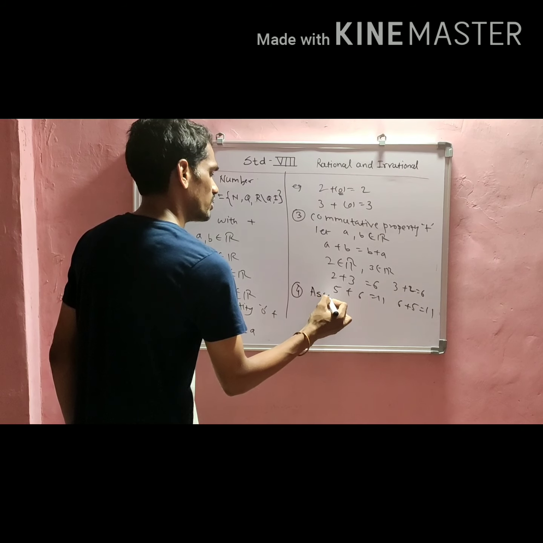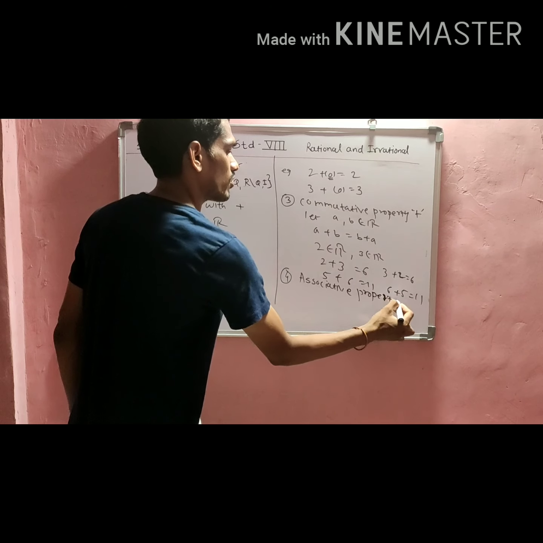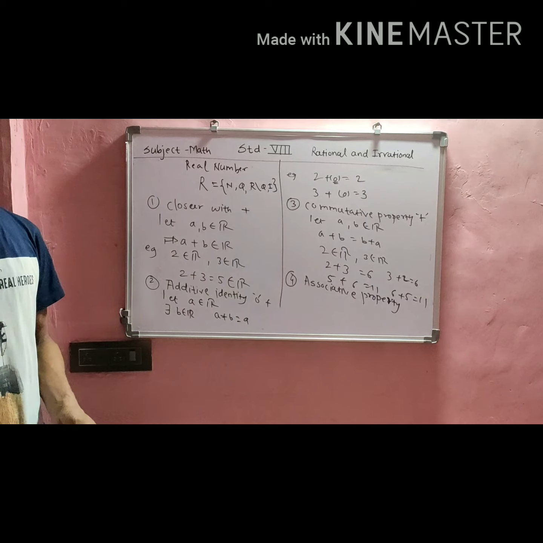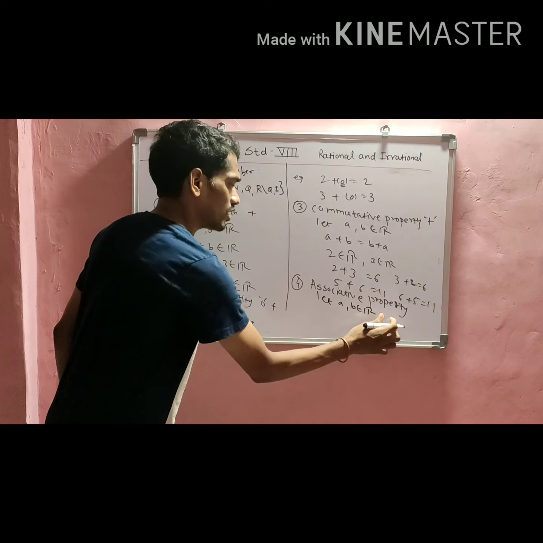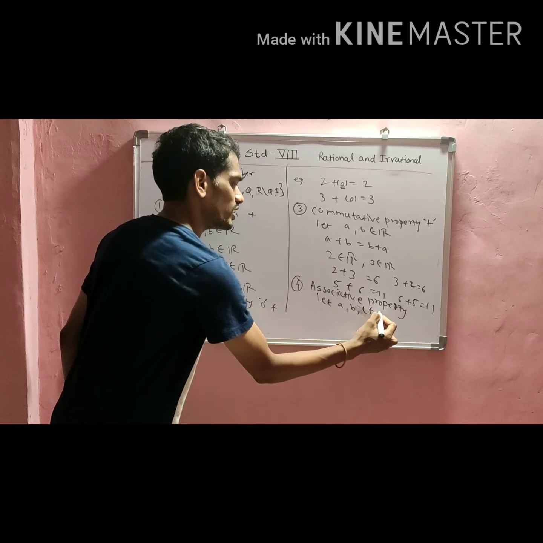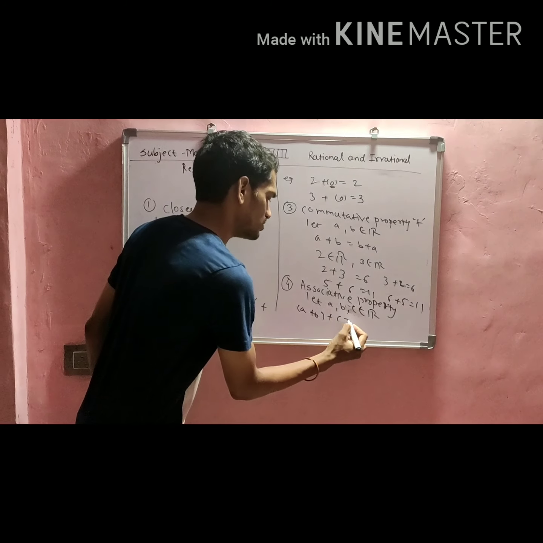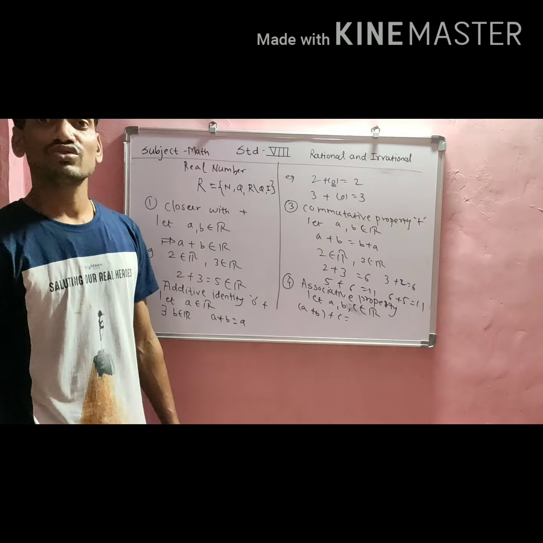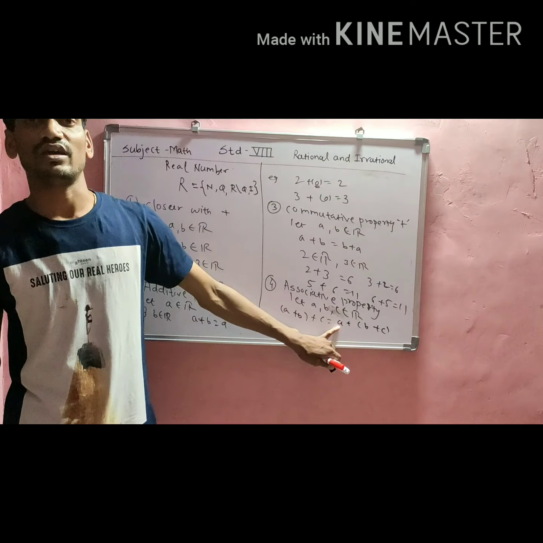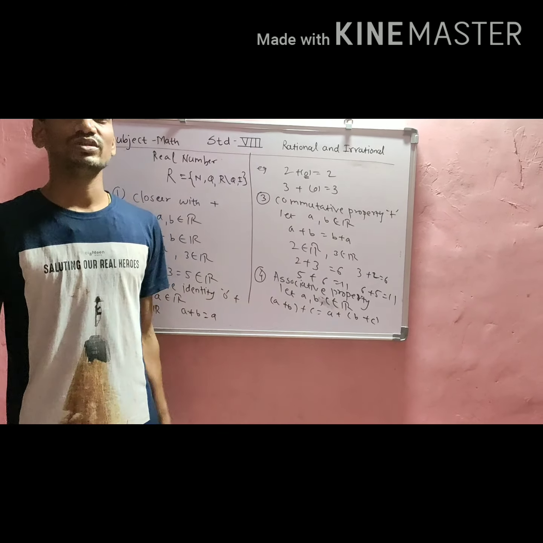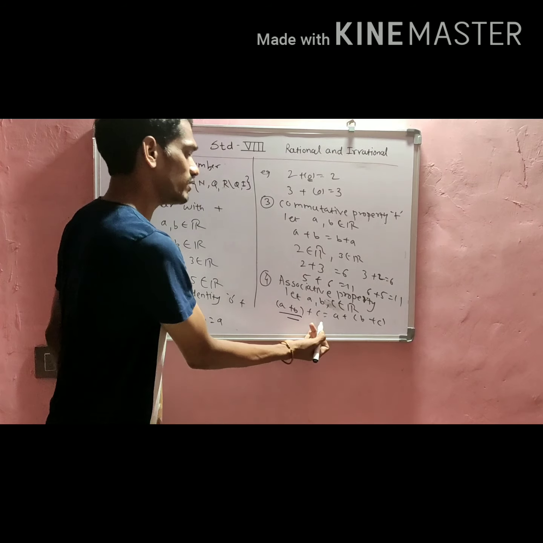Next, students, the associative property. What is meant by associative? If I take three real numbers a, b, c belonging to R, and add a plus b, then add c, that should be equal to, interchanging the bracket, first adding b plus c and then adding a. The answer should be the same. First time I take a plus b, then add c.